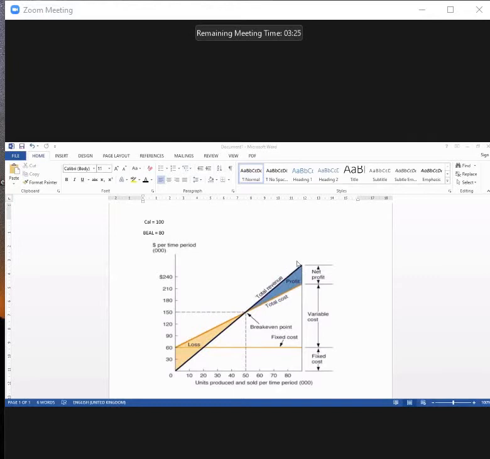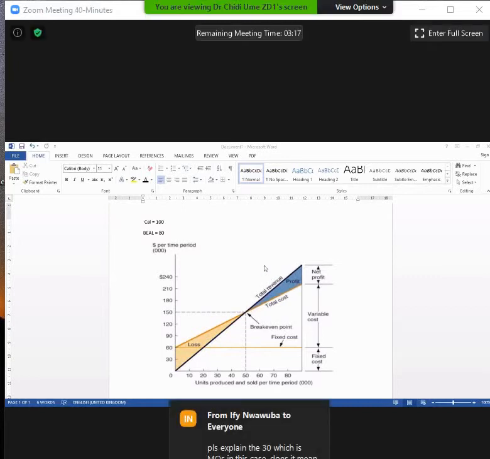Now from here down to here. Can you see it? From here down to here, these regions are called the margin of what? Safety. Yeah, the margin of safety. Then the regions below the break-even point are the unsafe region. The regions above the break-even point are the safe region.